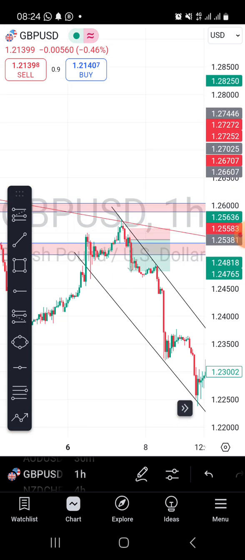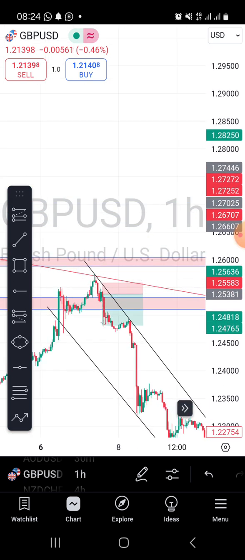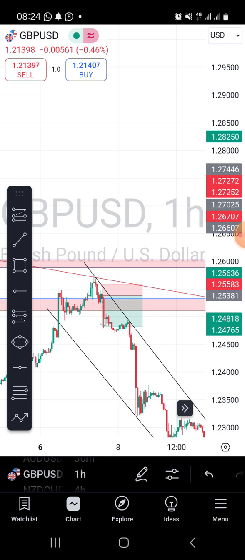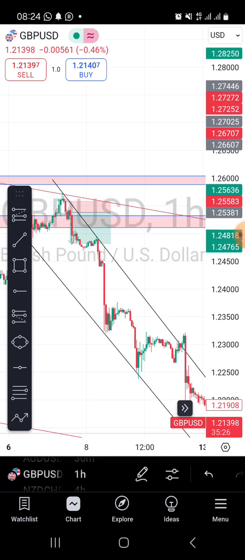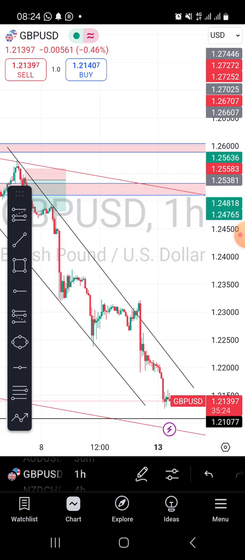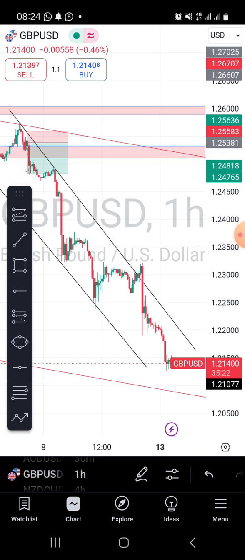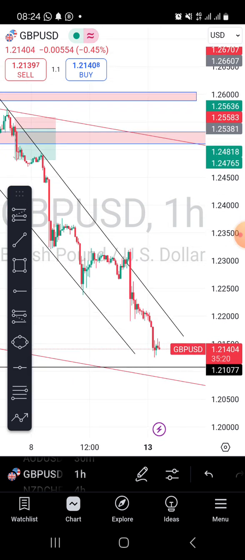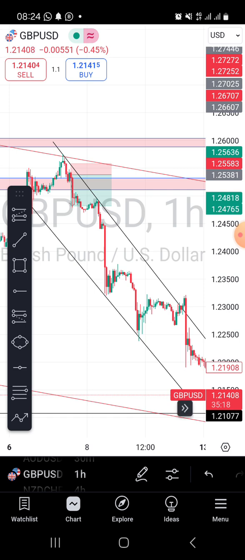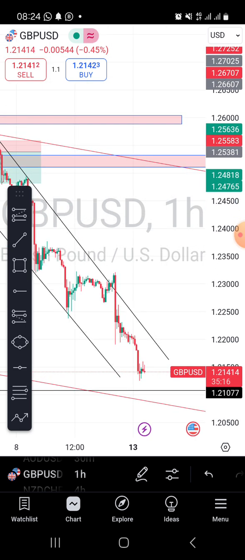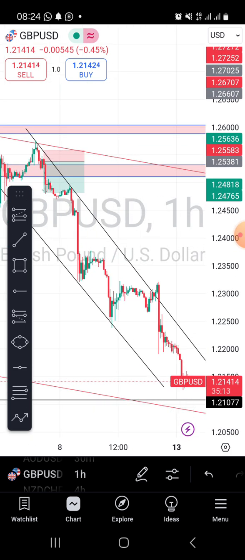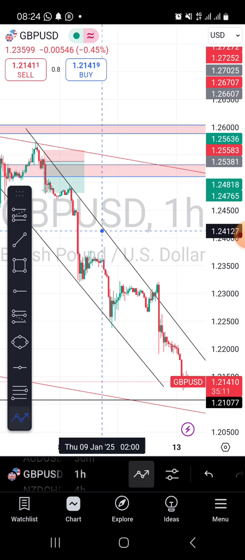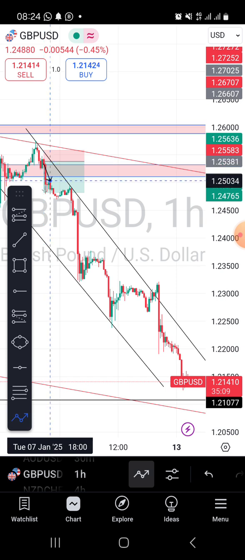Okay, so I got my entry here and I got out very quickly after about 50 pips, while I could have held my trade and got about 350 to 400 pips. Very painful. I couldn't catch any of this movement here.